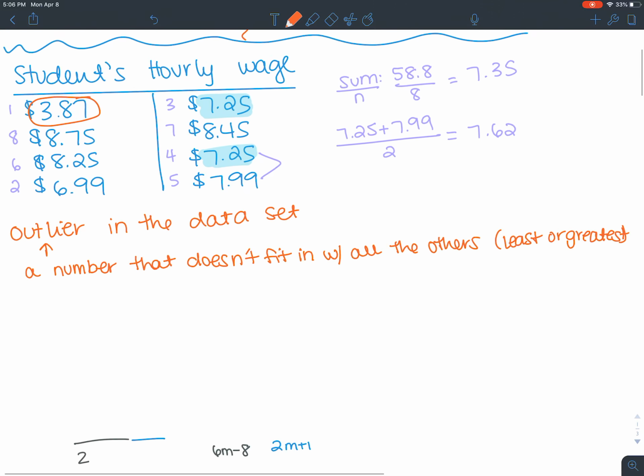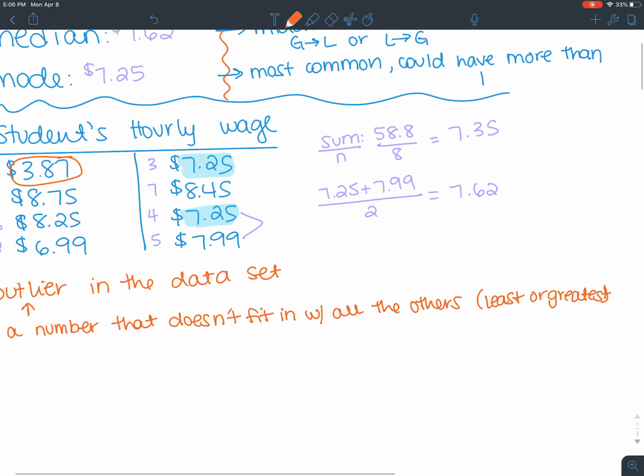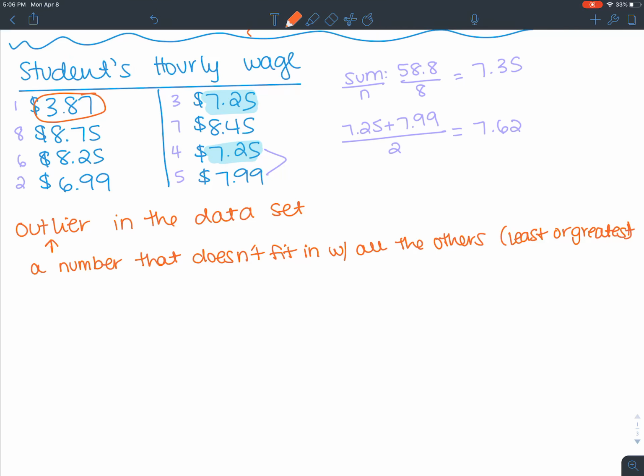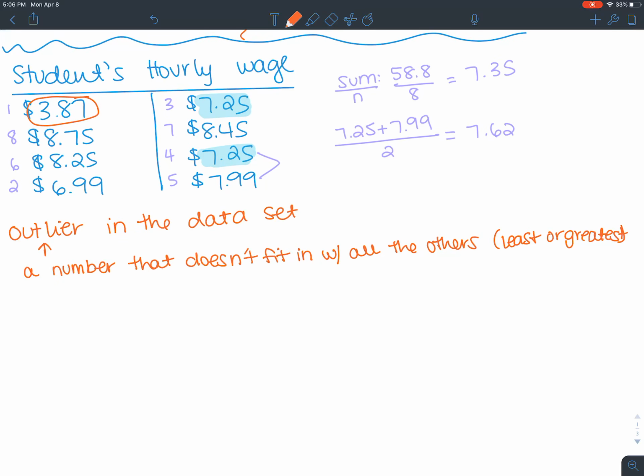So if we wanted to recalculate this problem with no outlier, then essentially I'm going to list all the other numbers. So $8.75, $8.25, $6.99. We can actually list them in order. So we've got $6.99 first, and then $7.25.